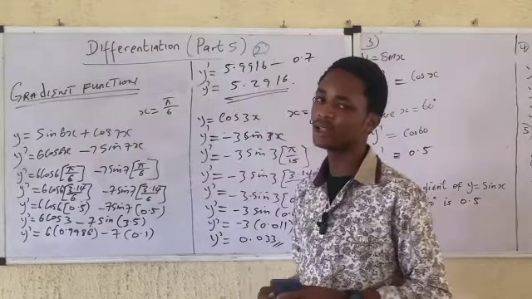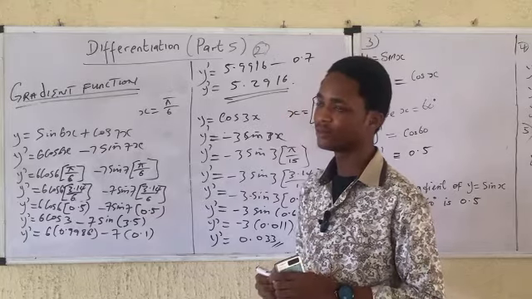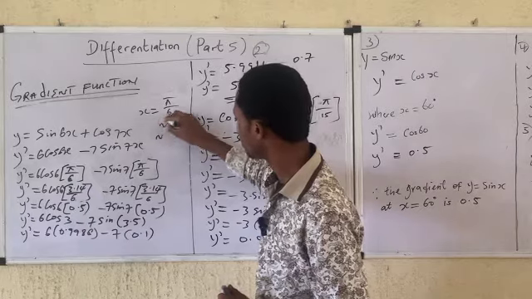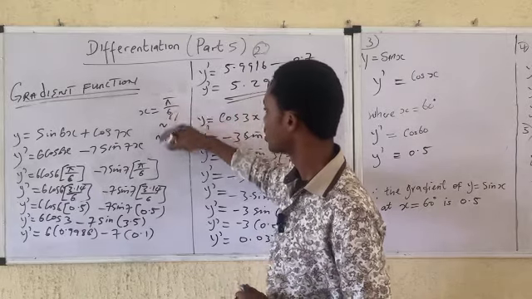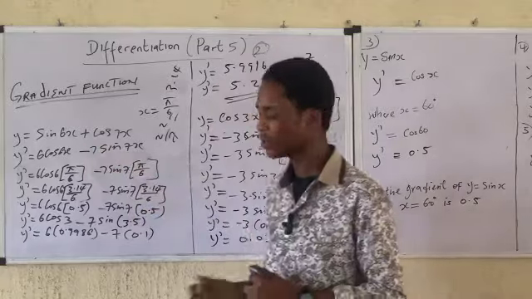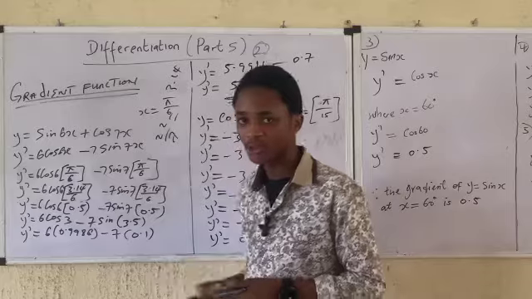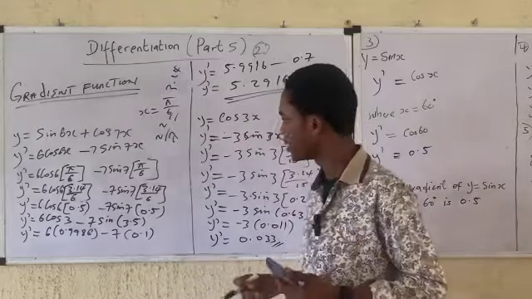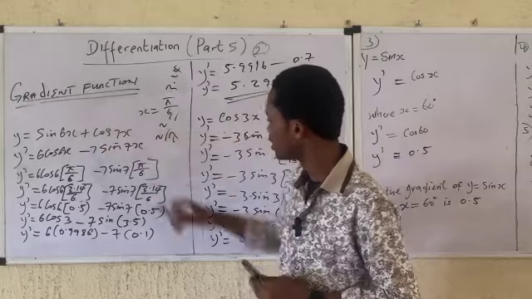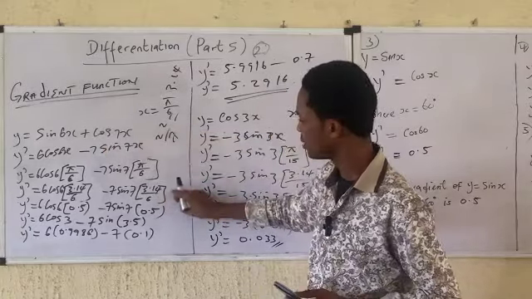Remember the value of pi is 3.14. Normally, we all know 22 all over 7; 22 divided by 7 gives us 3.14. That's how we came about this. You can press your calculator as well to verify. And minus 7 sin 7 times 3.14 all over 6, bracket close.